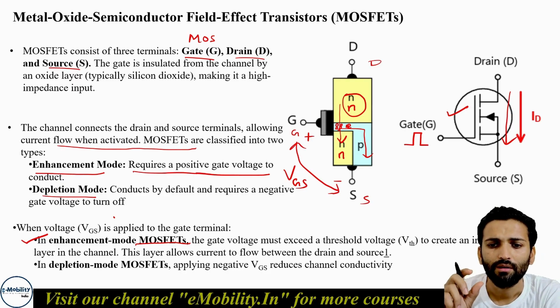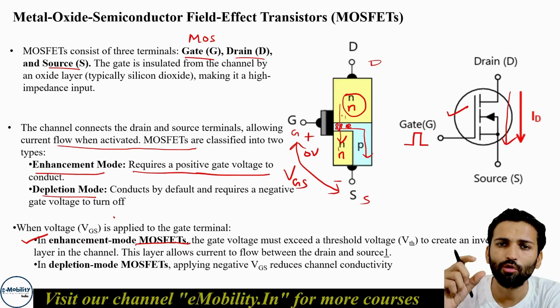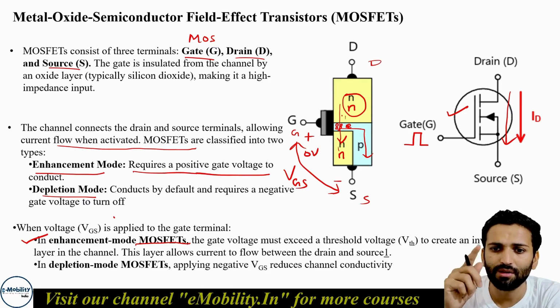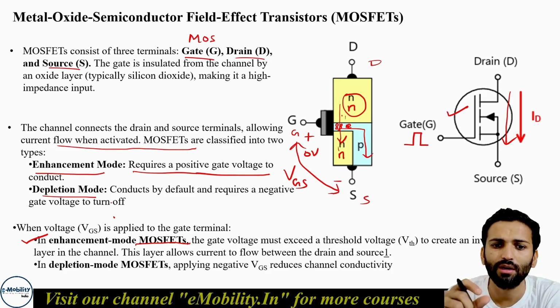Before that, when VGS is 0 volts, there is a gap between the top N substrate and the bottom N substrate. As soon as the positive VGS is given, a channel forms and starts to conduct electricity. That channel is known as the enhancement channel, built due to the enhancement mode.